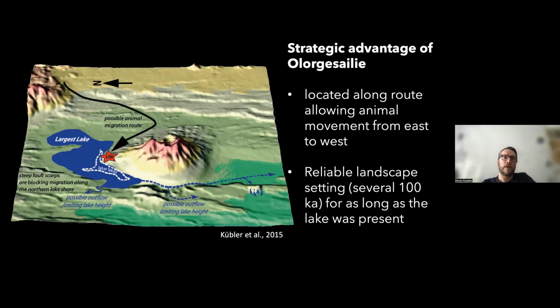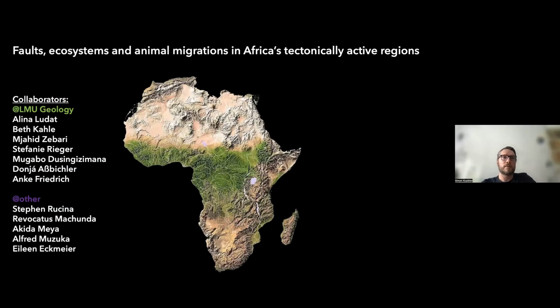So going from the past towards the present, we could demonstrate that combining the analysis of tectonic activity and soil nutrient patterns for animal migration is an important tool to understand how a landscape provides beneficial or disadvantaged conditions for animal dynamics.